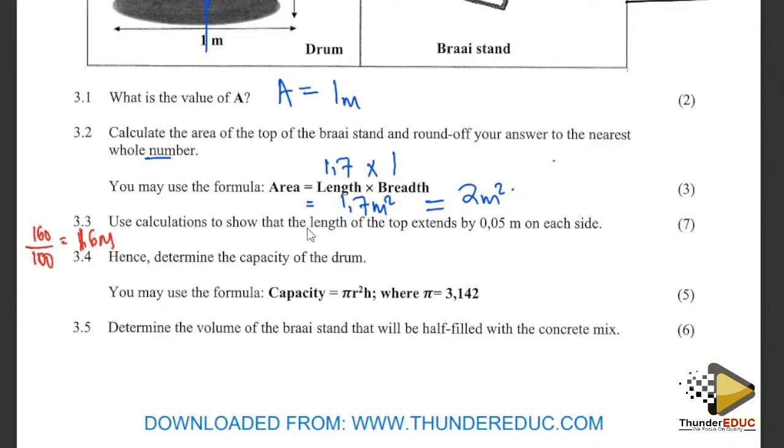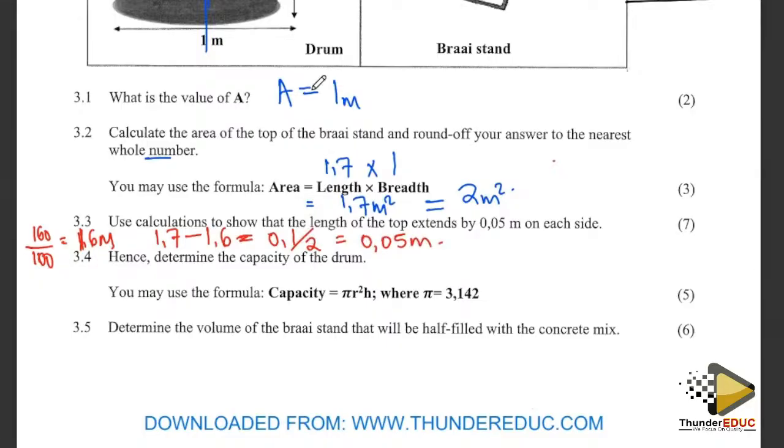Meters. Then we subtract 1.7, which is the length of the braille stand, which gives you 0.1. These are already meters. So what do we do? We divide by 2. And the answer becomes 0.5 meters.